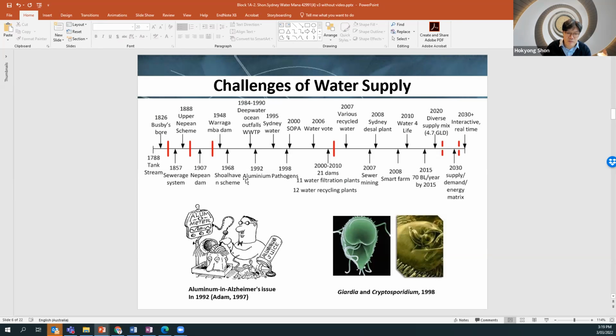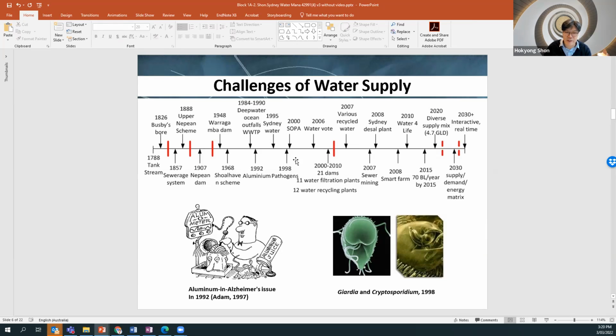And then people published that alum can coagulate in your brain, which will lead to Alzheimer's disease. So a lot of people stopped using this coagulant, alum. That's the reason why a lot of people still use iron coagulant in the coagulation process in water treatment. But it was thought to be wrong information.